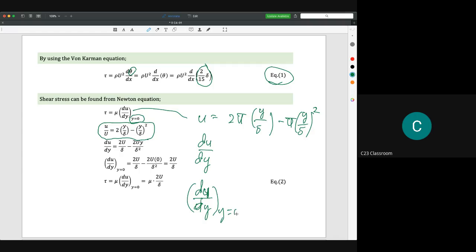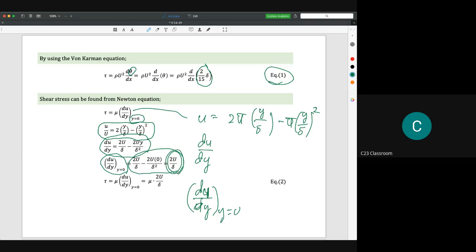Why? Because we want to determine the shear stress at the maximum value. So we have du dy like this one, and then we substitute y equal to 0, and we get 2U over delta.